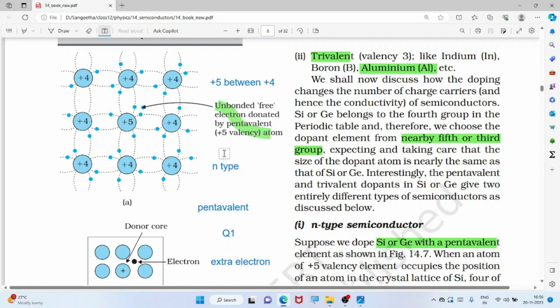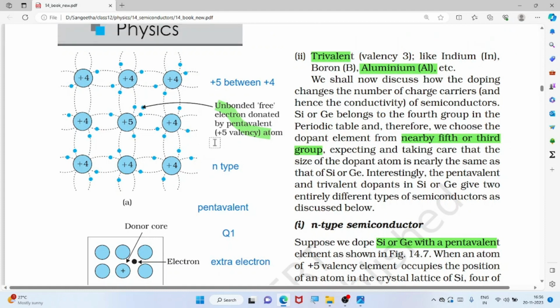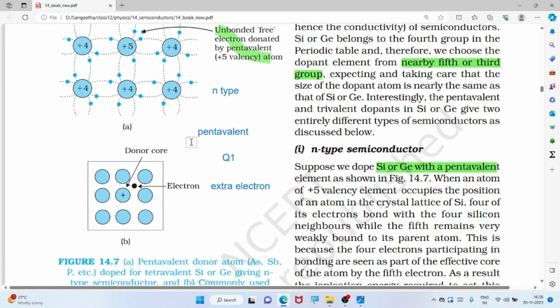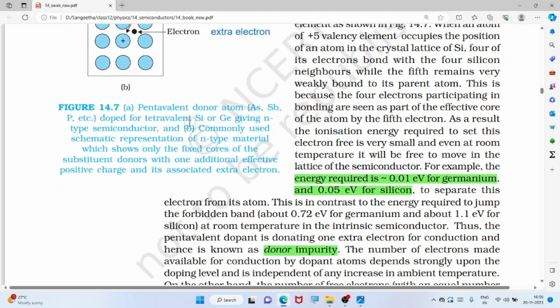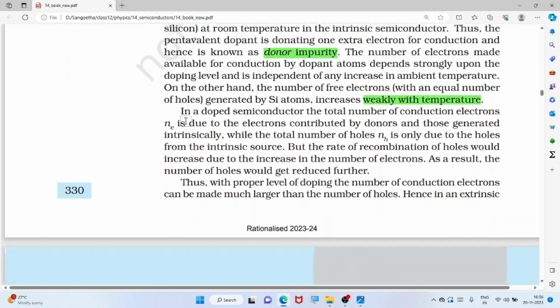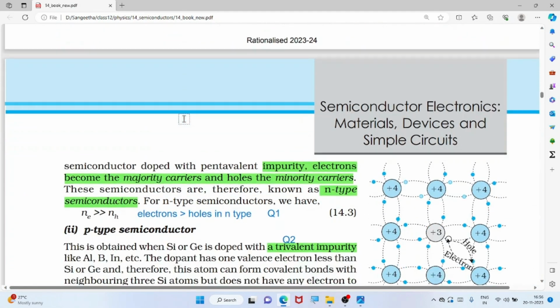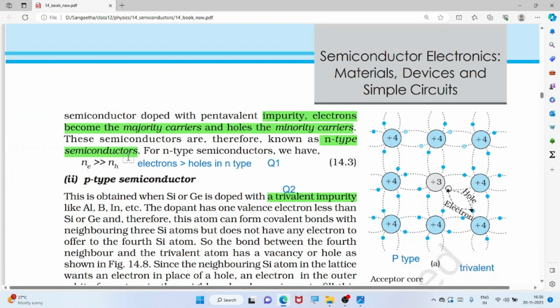So here holes are the minority carriers, and electrons are the majority carriers.